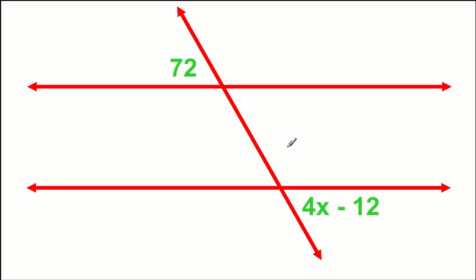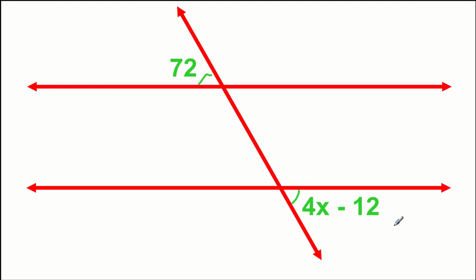So, like I said, they get a little tougher, right? Now, here's how this works. It still starts off basically the same as the one before this. Are those different or the same? They're the same. 72 is the smaller angle. 4x minus 12 is the smaller angle. Everybody clear on that part?